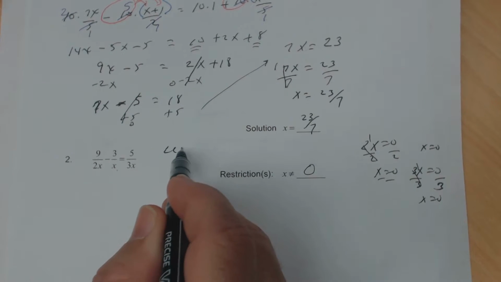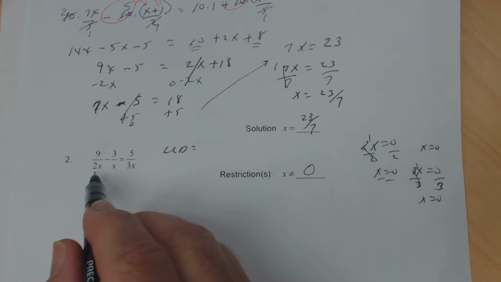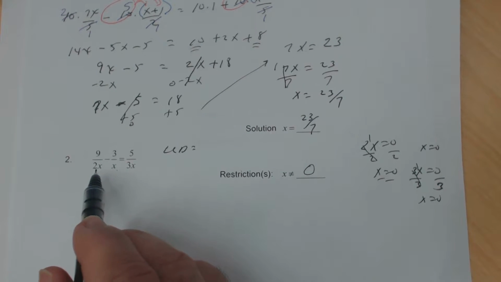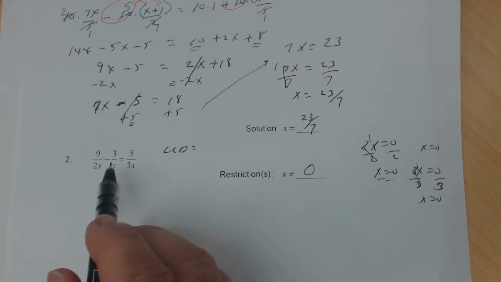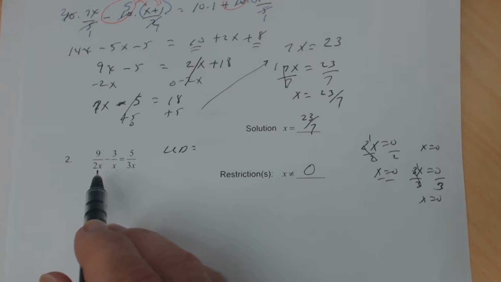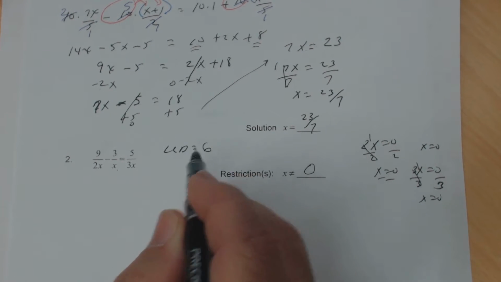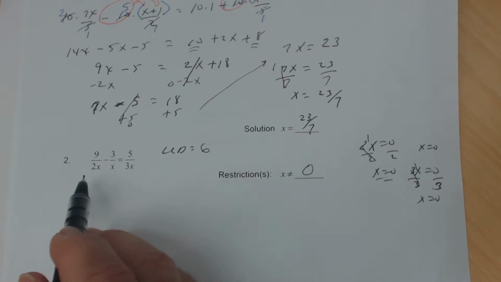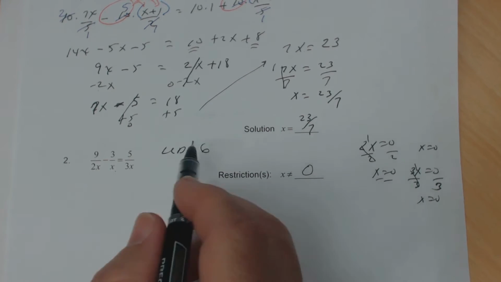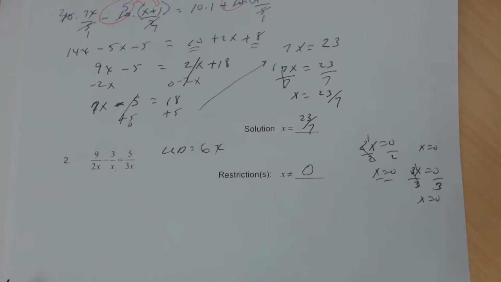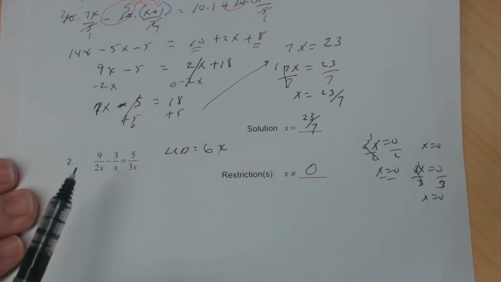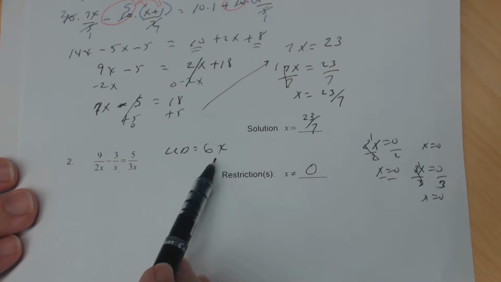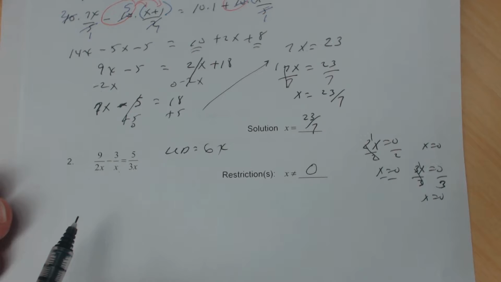So the LCD here is going to be, notice that in terms of coefficients we have 2, 1, and 3, so the LCD of 2, 1, and 3 is 6. If you look at your other factor, x appears in all denominators to the first power, so I just need a factor of x. So the LCD is 6x. Just like I did with the first one, I'm going to multiply both sides by 6x, and that will clear those denominators.